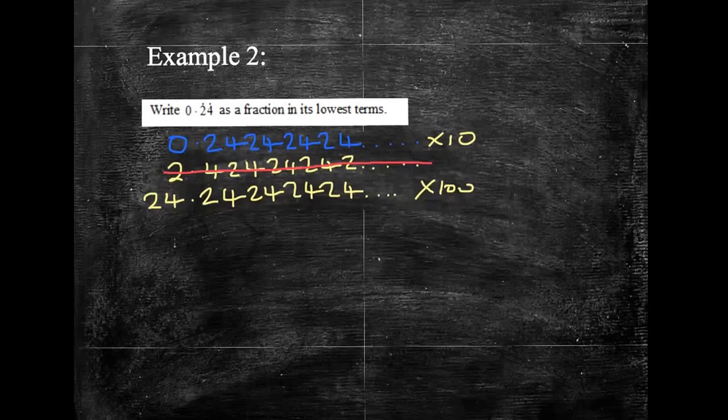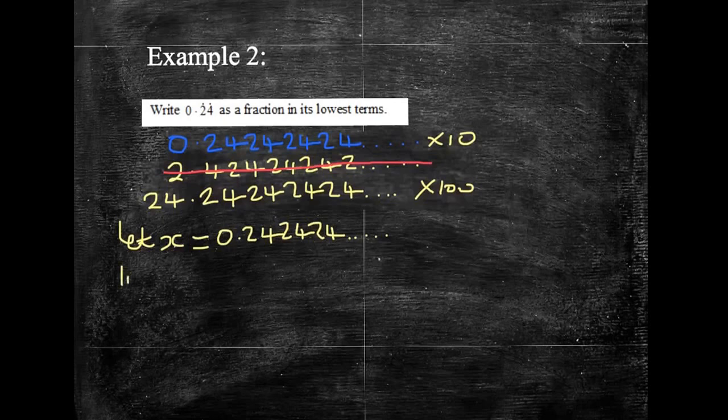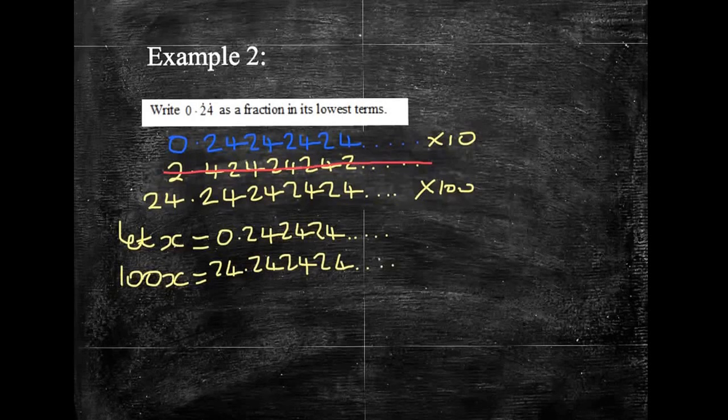So what we can say is let x equal 0.242424, and so on. That would mean that 100x would be 24.242424. Okay, 100x minus the x.